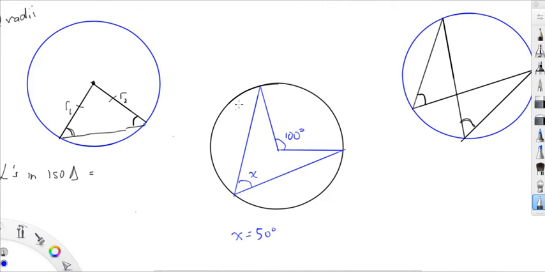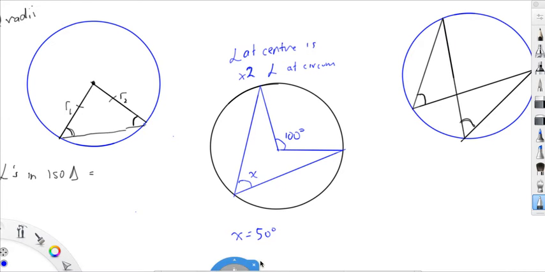And the rule is: angle at center is twice the angle at circumference.